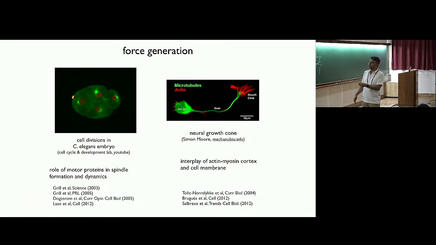On the left, red is the chromosome, and each figure has different color codes. I'm sorry for that, they are taken from different sources. Red there is the chromosome, and green is the microtubule.